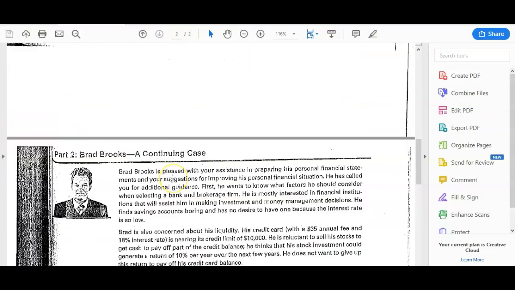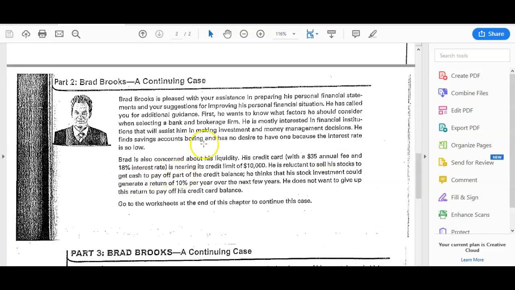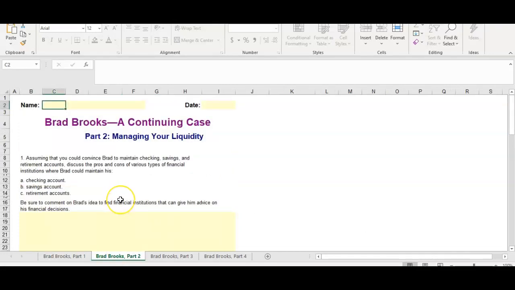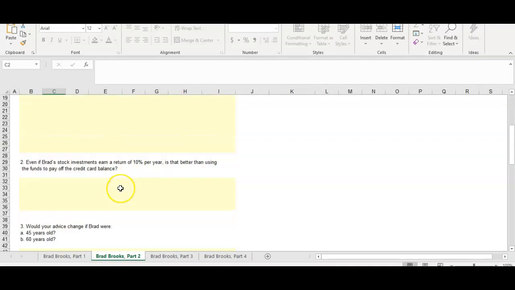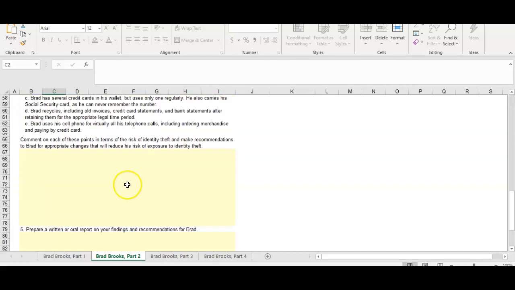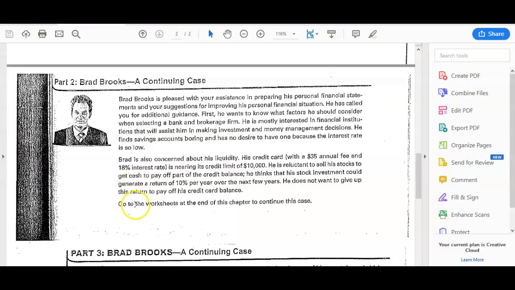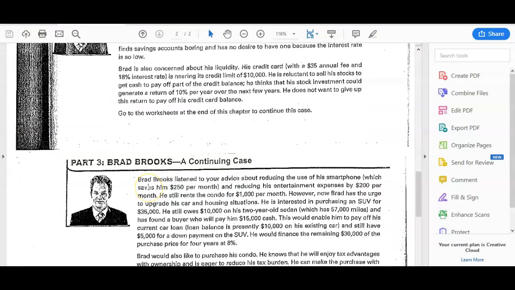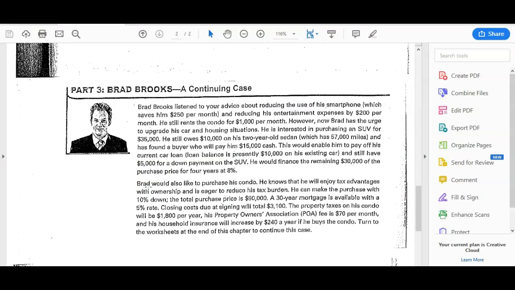Then part 2 gives you additional information about Brad, not as much, but some additional information. You're going to read this information, then come to part 2 and answer these questions based upon the information you read in part 2 and based upon your advice and recommendations. Then for part 3, there's more information about Brad.